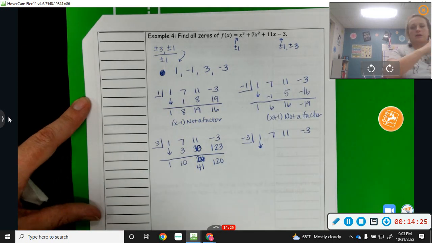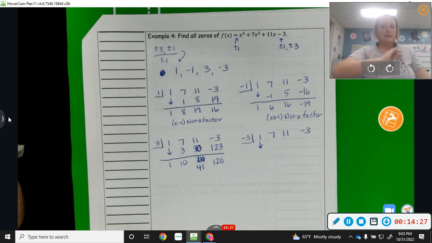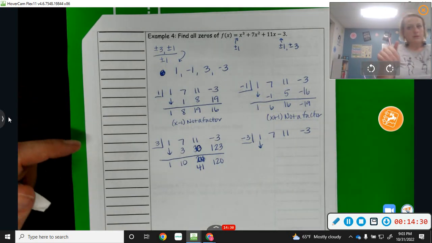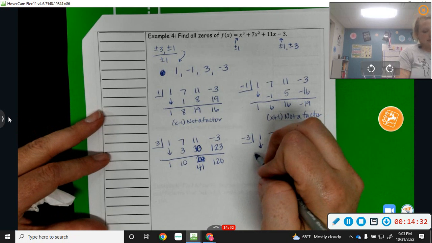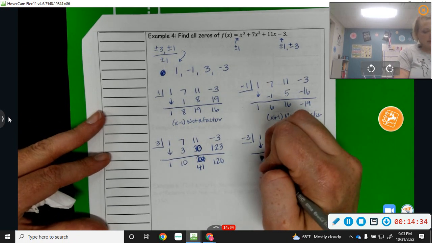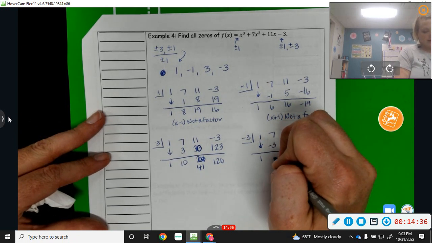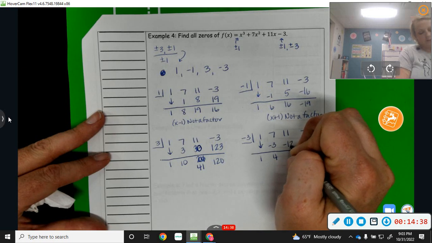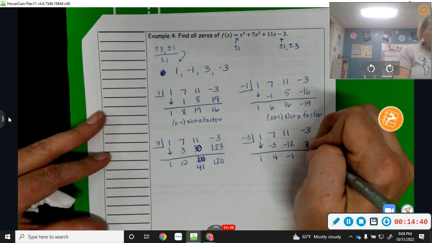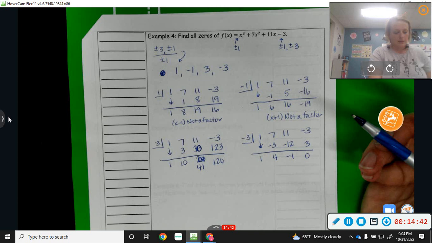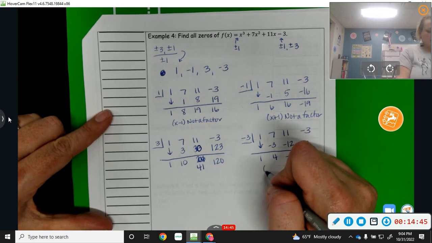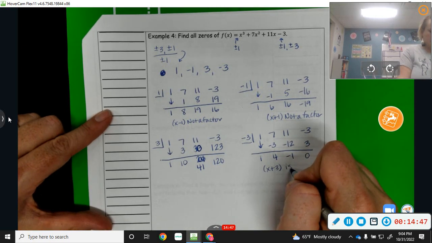I know that it's going to be odd, and based off the symmetry, it has to at least cross once. Sometimes it can cross 3 times, but it's at least going to cross once across that x-axis. So 1, negative 3, this gives me 4, negative 12, negative 1, and then positive 3. And hey, lucky charm, the last one is 0, that means x plus 3 is a factor.